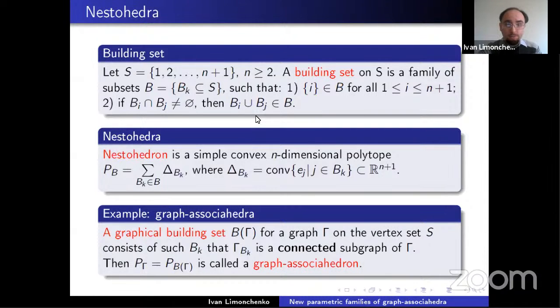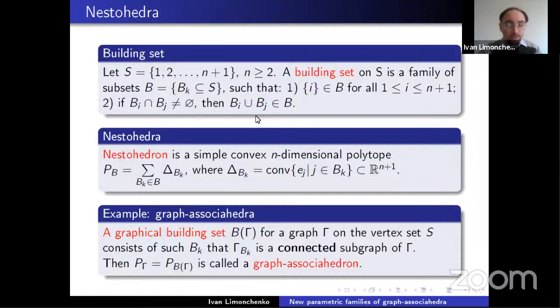This is the definition of nestohedra. You take a building set on n+1 vertices, and a nestohedron is a Minkowski sum of simplices. Each simplex corresponds to a set in the building set S. And a graphical building set is, you start with a simple graph gamma on the vertex set n+1, and the building set consists of the connected subgraphs.